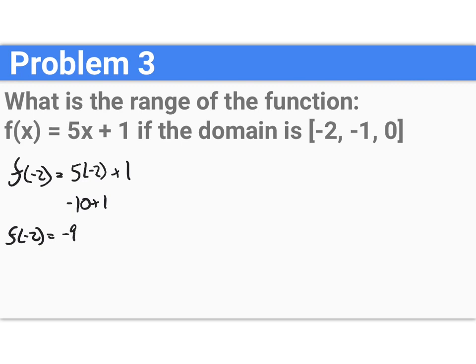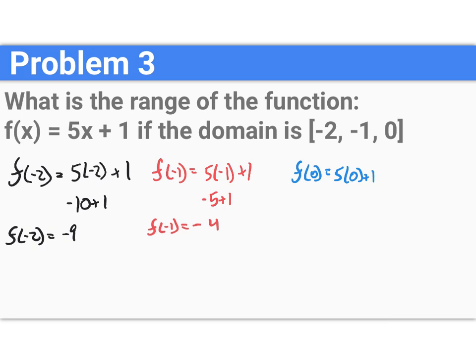So let's do f of negative 1. f of negative 1 equals 5 times negative 1 plus 1. Negative 5 plus 1 equals negative 4. And then let's do f of 0. f of 0 equals 5 times 0 plus 1. 0 plus 1, which gives us 1. So our range is the set negative 9, negative 4, and positive 1.